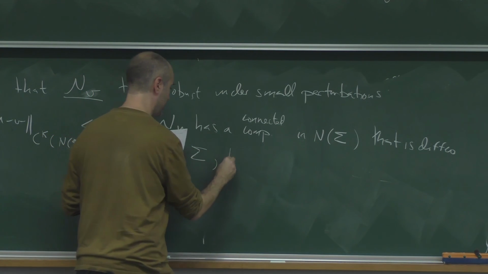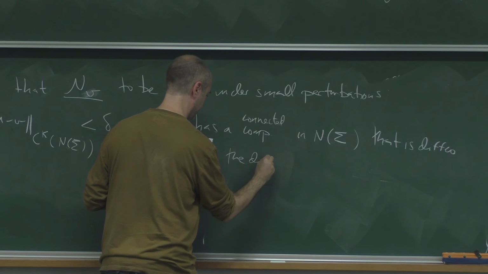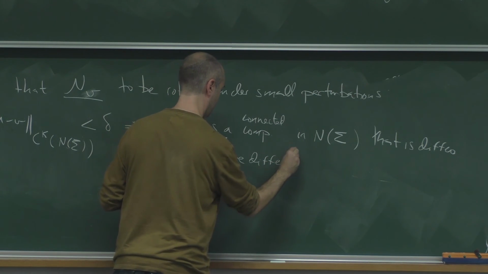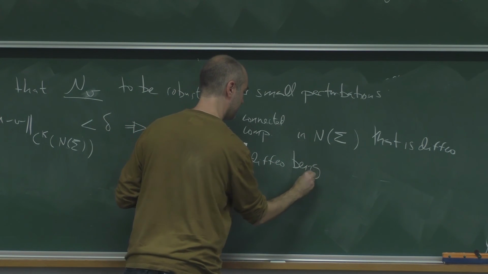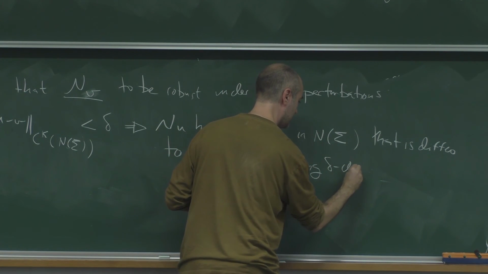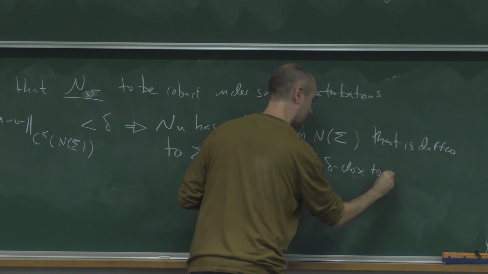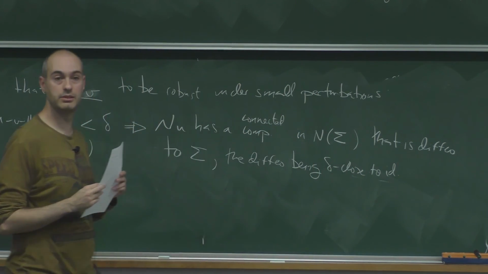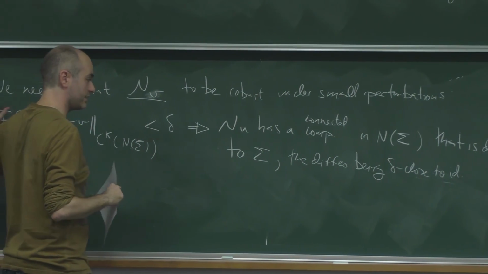And the diffeomorphism being close to the identity, say delta-close to the identity. This is a structural stability.